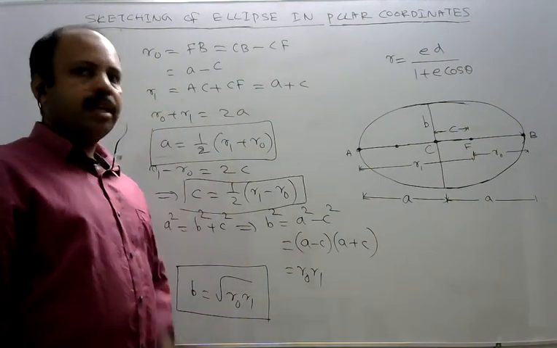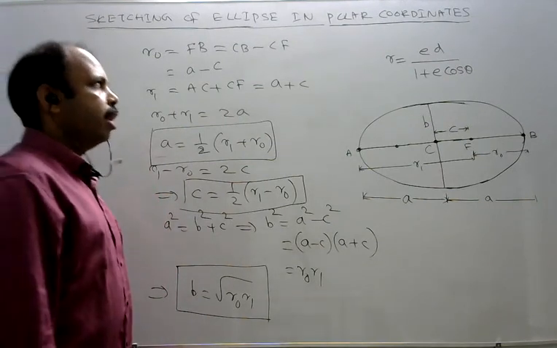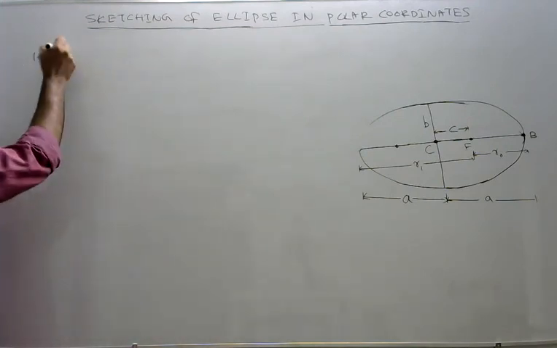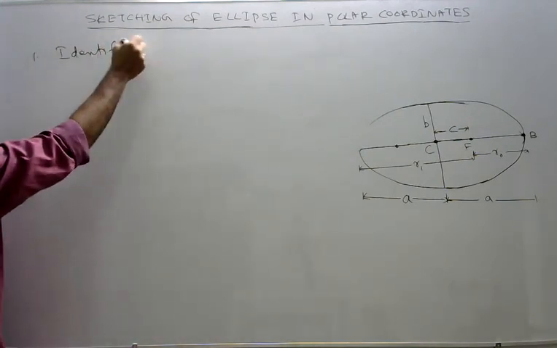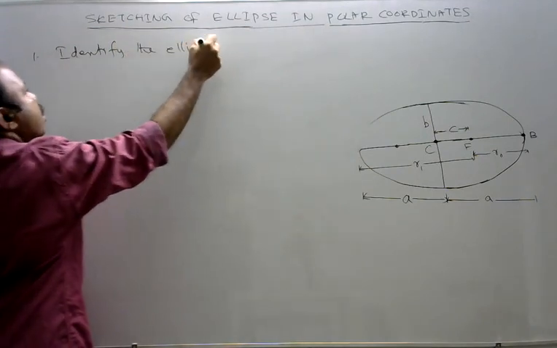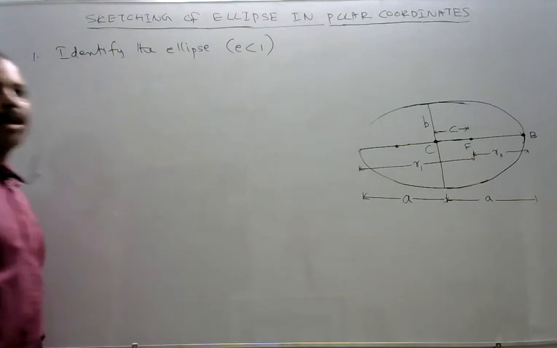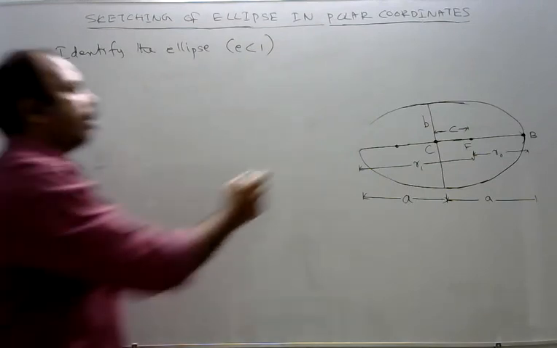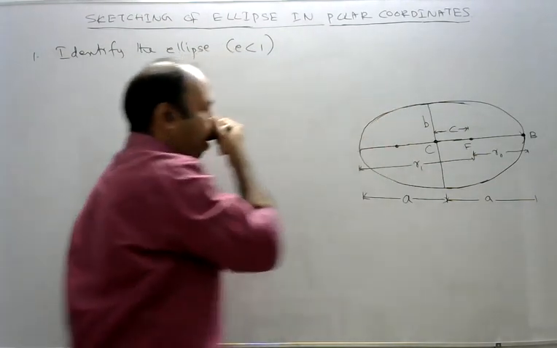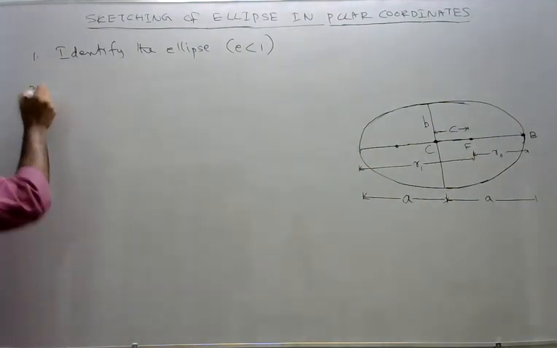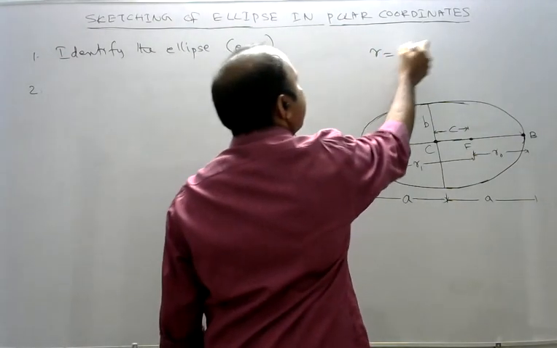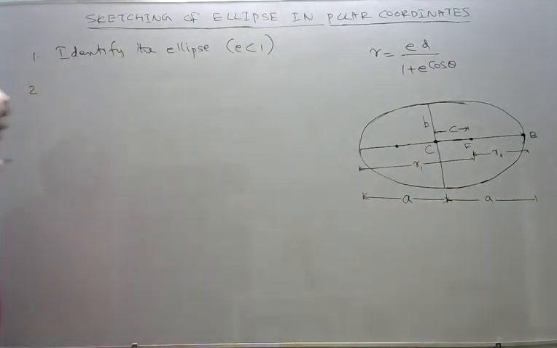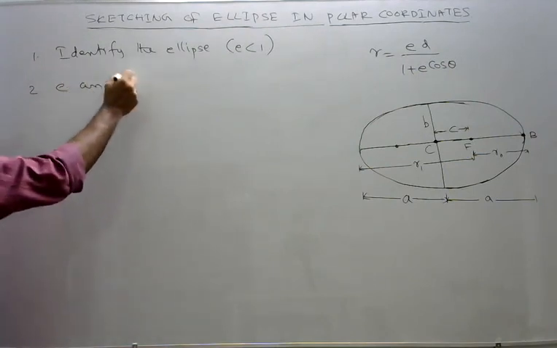Now, we demonstrate the detailed steps of sketching an ellipse. As we discussed in the case of the parabola, the first step is to identify the ellipse. This is done by e less than 1. If e is less than 1, it is an ellipse. Now, our next aim is, comparing with the standard equation, the given equation of our example r equal to ed divided by 1 plus e cos theta, find e and d.